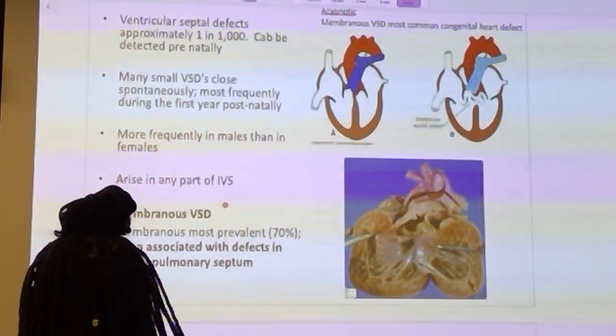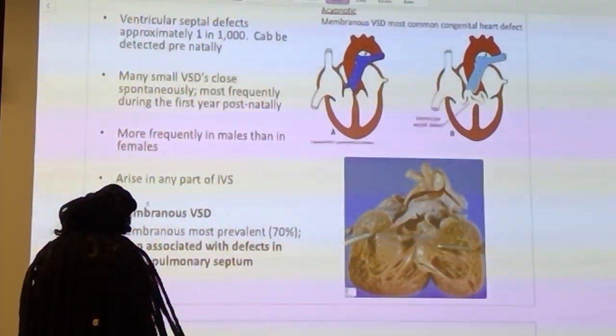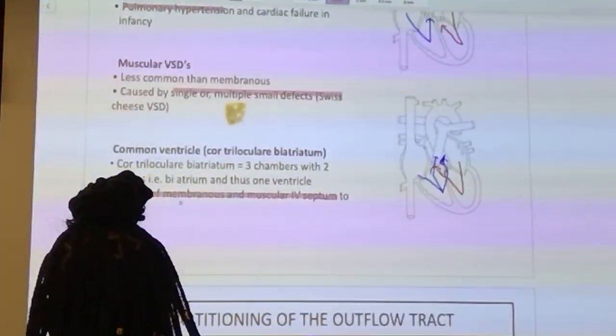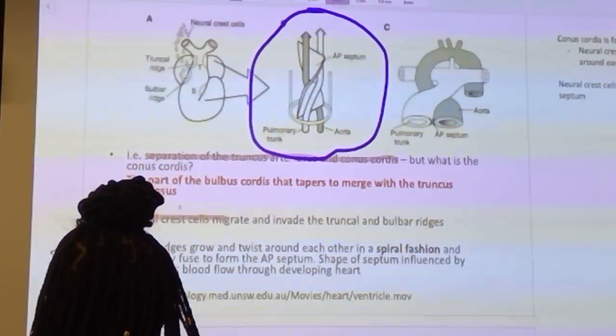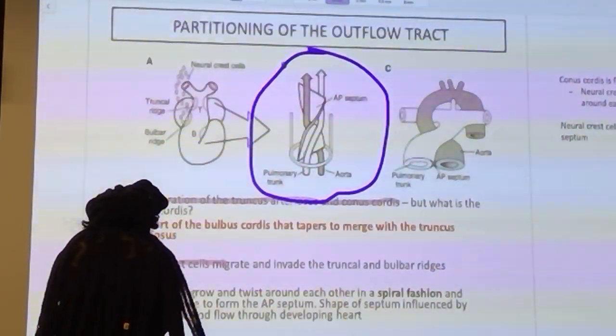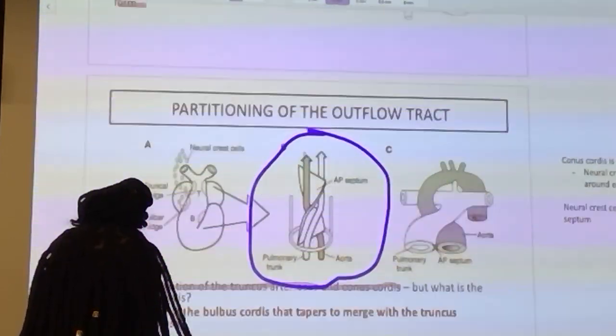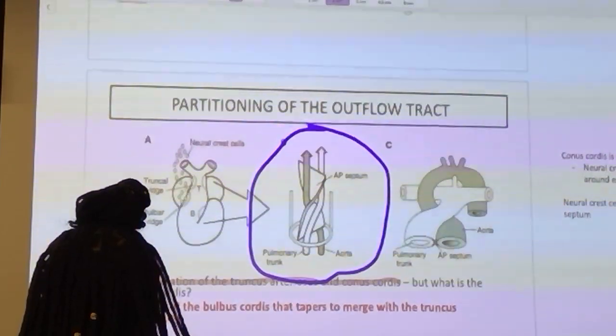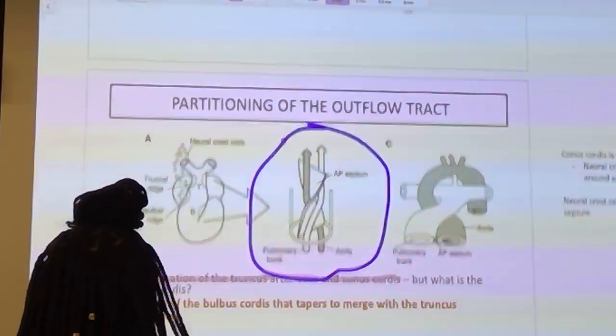Membranous VSDs are common. So transposition of the great vessels is caused by a failure to spiral.